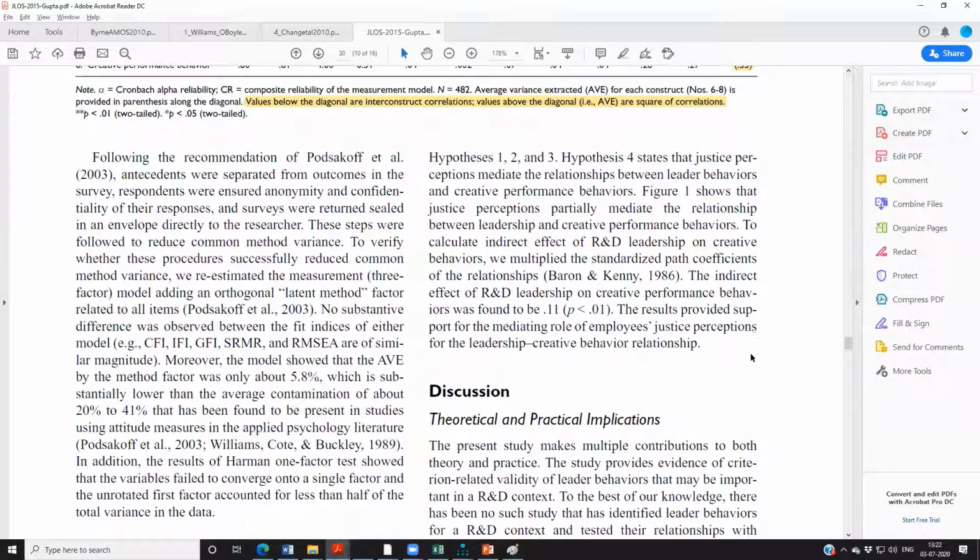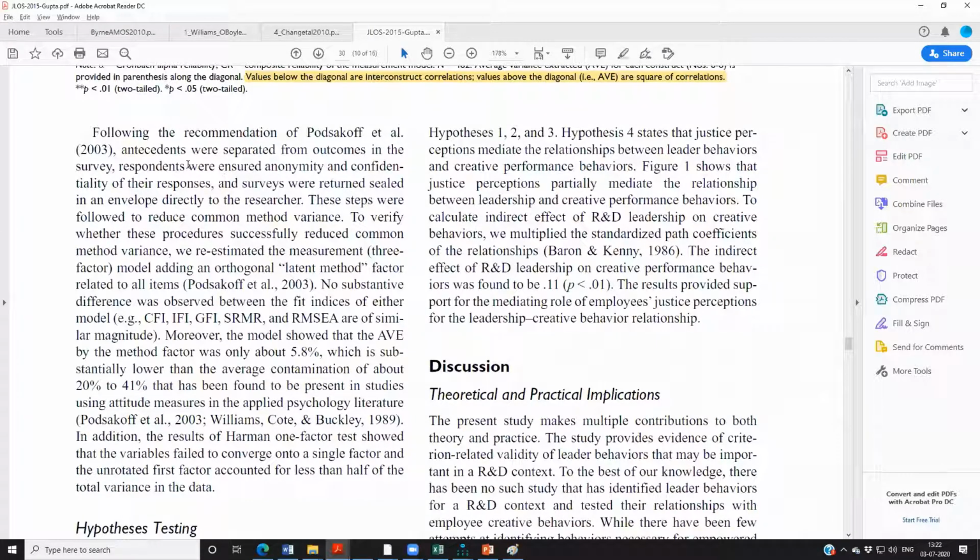And then Podsakoff et al. They also talk about common method variance. This is not the class of mediation and regression, so I will skip it. But I did test it. We re-estimated the measurement model adding a latent method factor, and we did not find any bias.